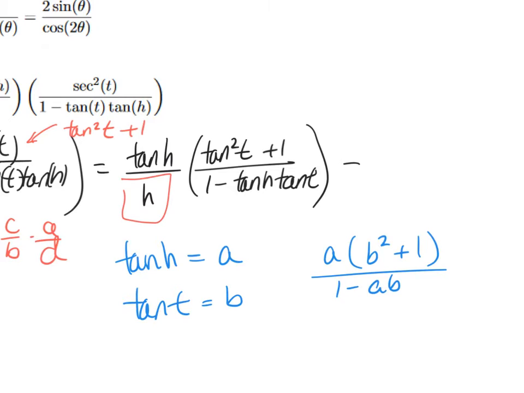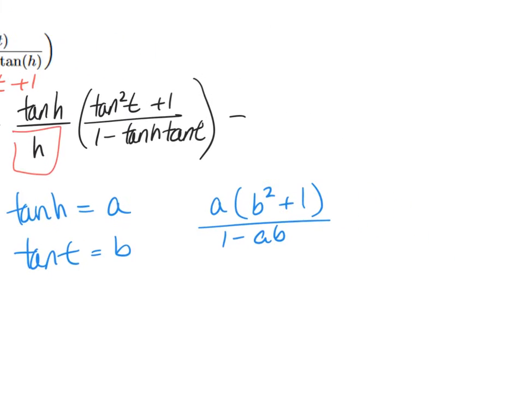Algebraically, what kind of things can I do to get from one to the other? So let's go ahead and distribute the a and see what happens. So I have a b squared plus a over 1 minus ab. Did that help me at all?